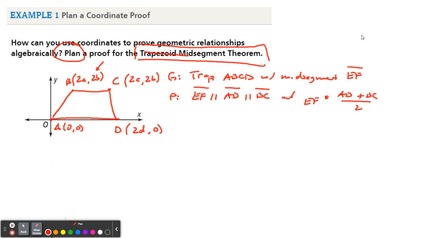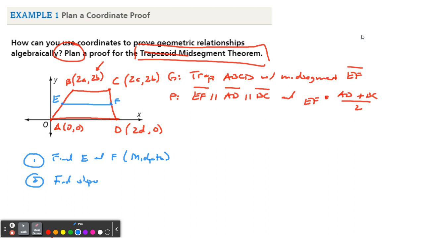So the first thing I would do, so step 1, is I would find E and F. And those 2 points would be midpoints, so I'd probably use the midpoint formula, right? And they'd be here and here, E here, F here, and there'd be that midsegment. Step 2, to show that they're parallel, I need to find the slopes of these 3 segments. So find slopes of segment EF, AD, and BC.